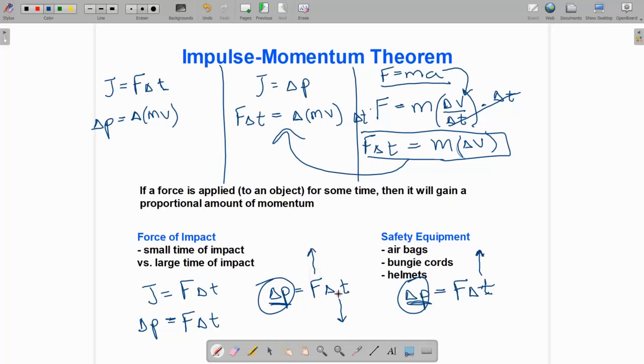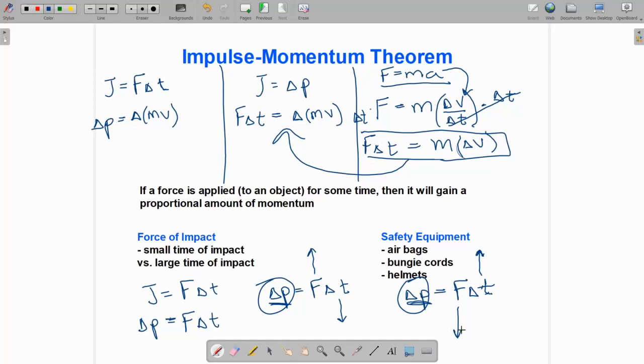If you have a small change in time where your head just smacks the steering wheel or dashboard, you're going to feel a huge force, basically the entire force of that impact all at once. Whereas with the airbag, it decreases the average force that you feel by spreading it out over a longer period of time.